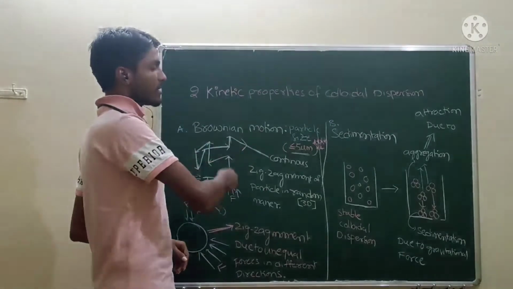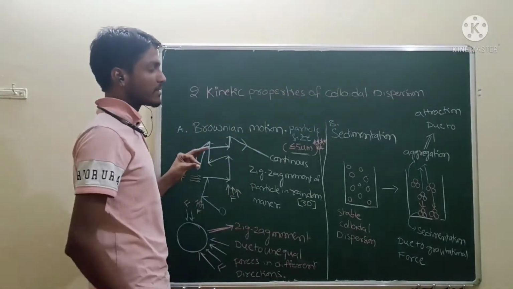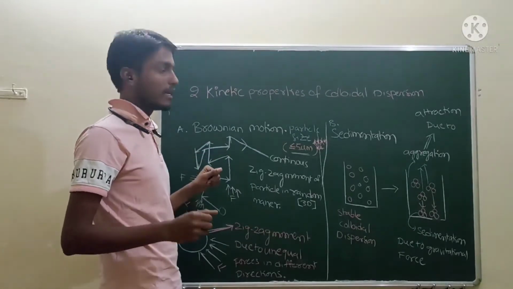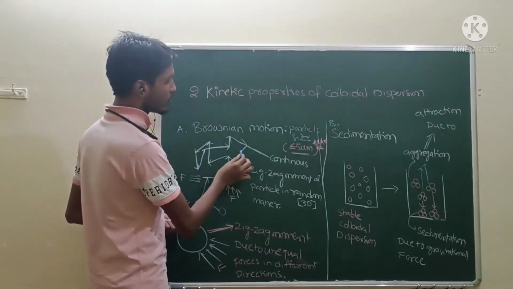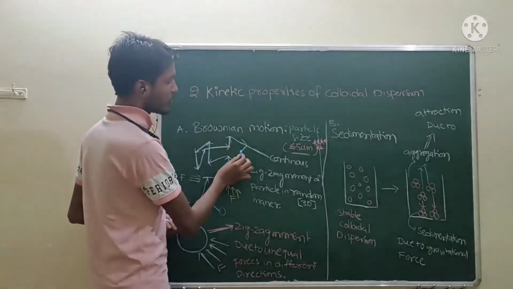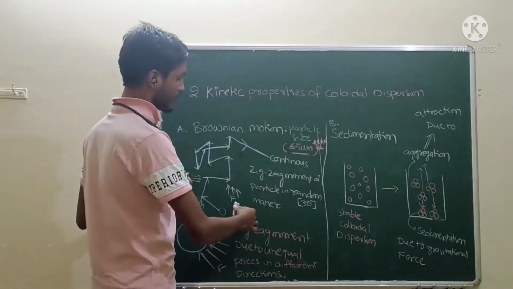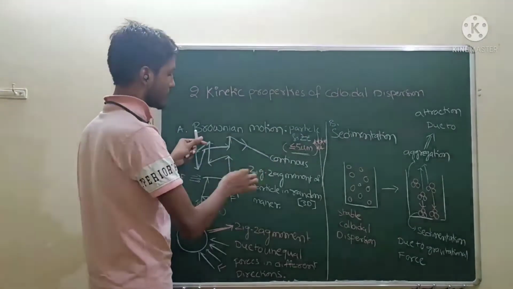Whenever the particle is in continuous motion, that's why it maintains the stable colloidal dispersion. When the particle stops moving, definitely it will combine with another particle and settle down. So that's why the particles are always in random motion.